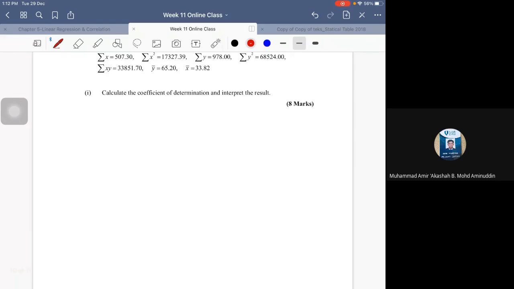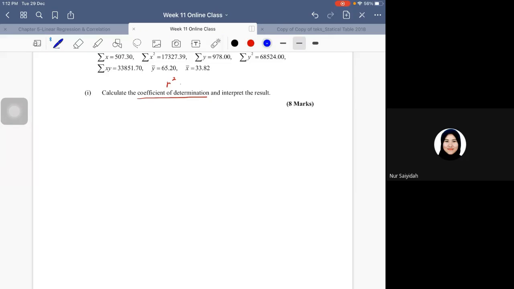But here, the coefficient of determination. What is the coefficient of determination? Anyone remember what symbol we use for the coefficient of determination just now? R squared. Exactly. So the coefficient of determination is given by r squared. How do we find r squared?